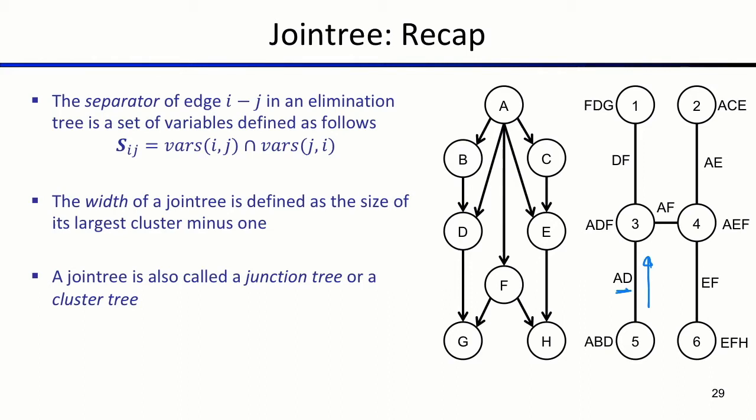So the separator of edge ij in an elimination tree, I'm going to fix that later, is a set of variables defined as the intersection between the variables of the two nodes on opposite sides of the edge. So in this case here, AD is the intersection between ADF and ABD.